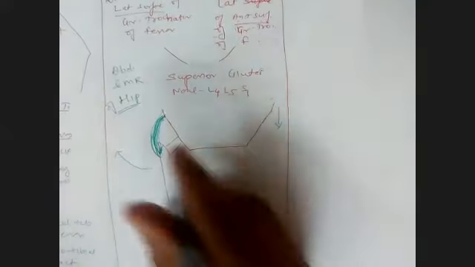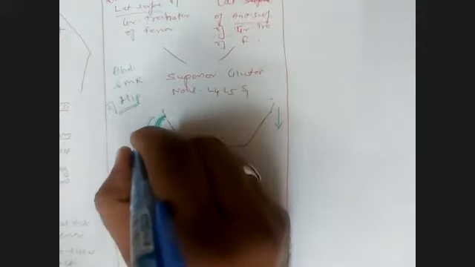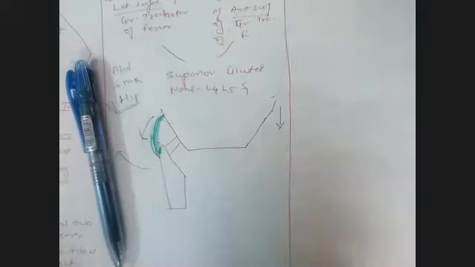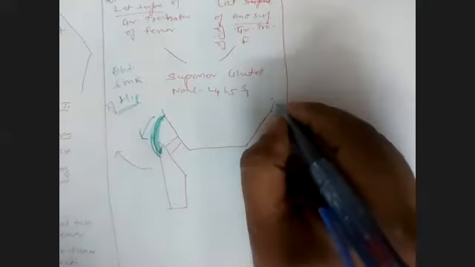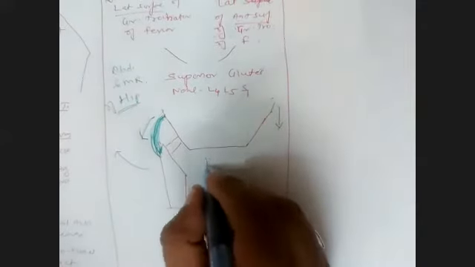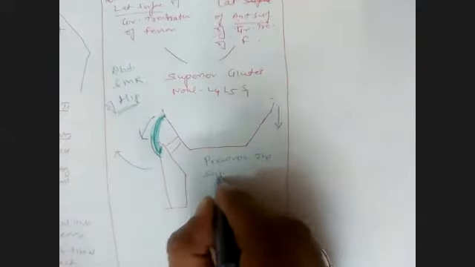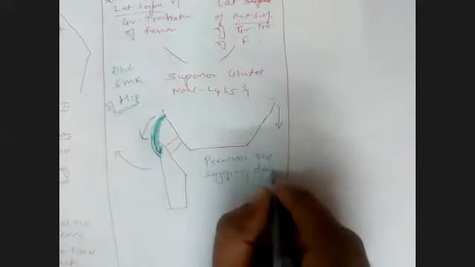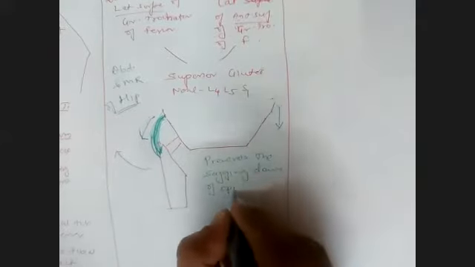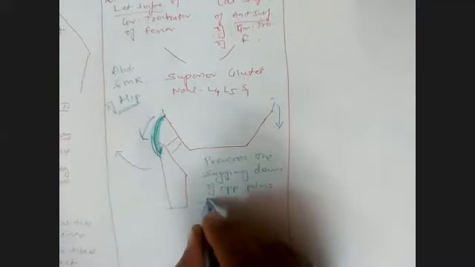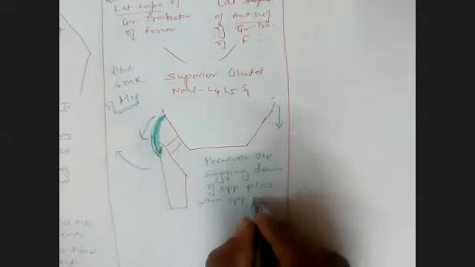At that time, by pulling at this end, it prevents the sagging down of the opposite pelvis when the opposite foot is off the ground.